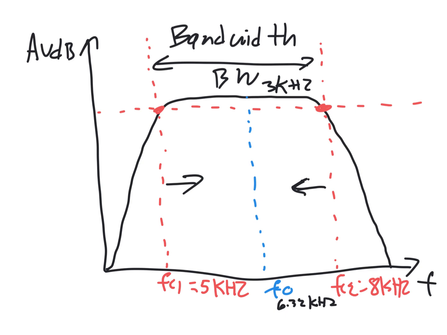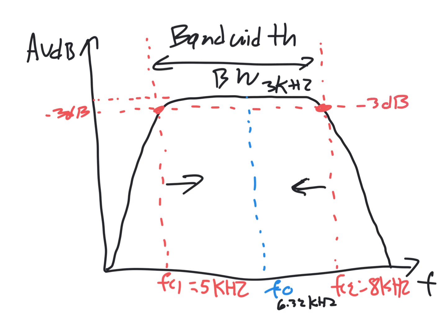Again, at FC1, FC2, the gain is going to be down 3 dB from whatever the passband voltage gain happened to be.